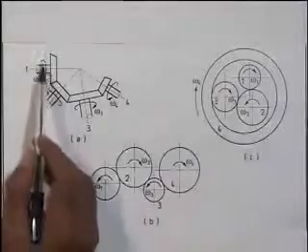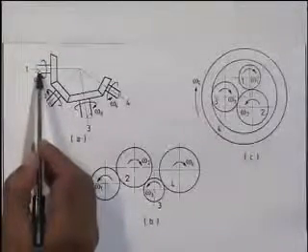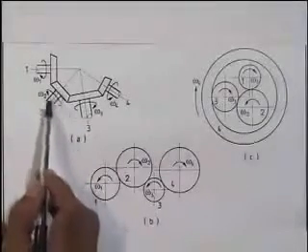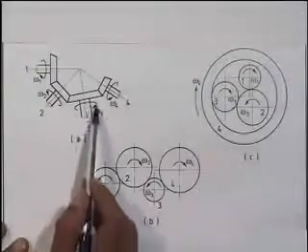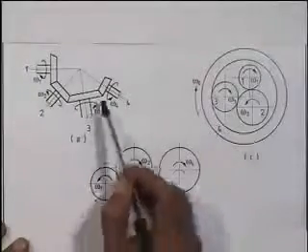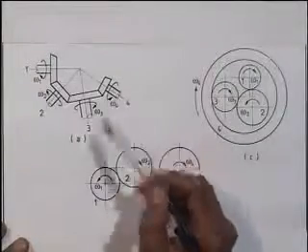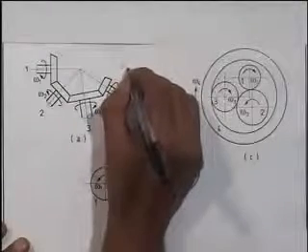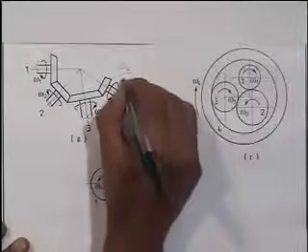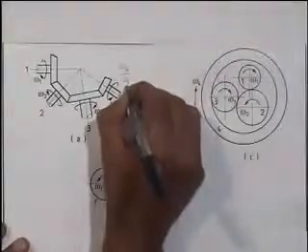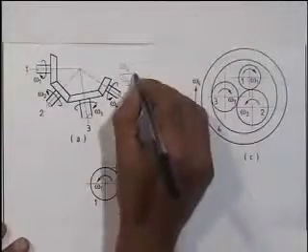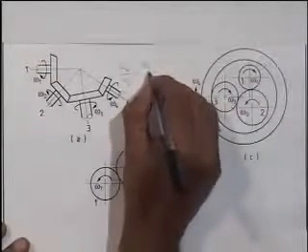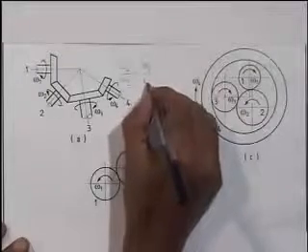So there we have to follow, if this is the direction of rotation of shaft 1, then this is the direction of rotation of shaft 2. And this direction of rotation creates this direction of rotation for shaft 3 and that creates this direction of rotation for shaft 4. So if we want to write the output speed omega 4 by omega 1, that will be nothing but N1 divided by N4.